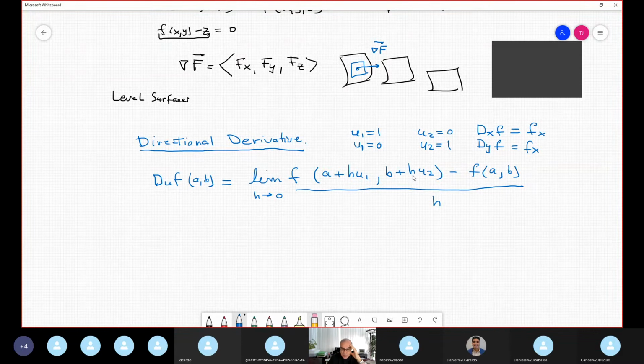But in general, we have that situation. Entonces, who is u? Well, u is a unit vector, and the components of the unit vector are u1, u2. Okay, so what is the formula? Well, this is the definition.